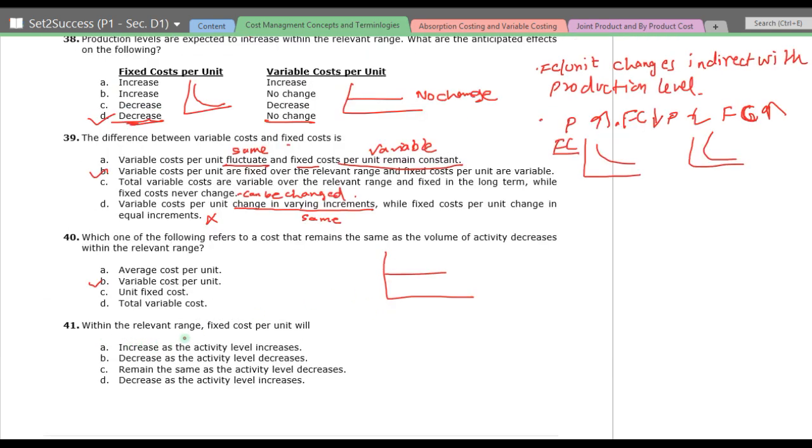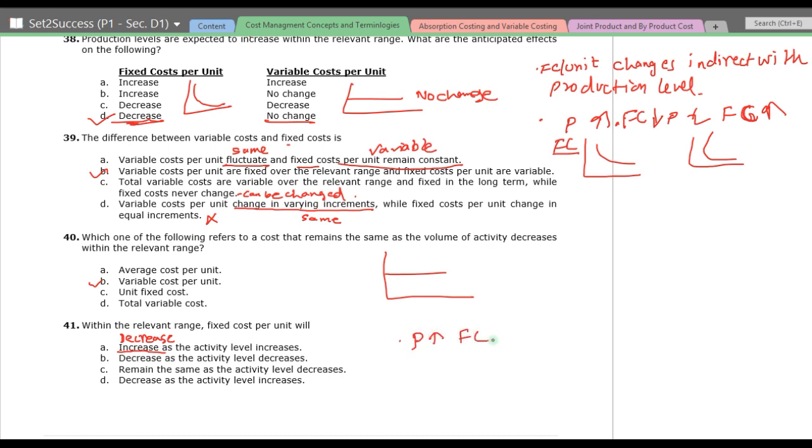Next, within the relevant range, fixed cost per unit will increase as the activity level increases? No, it decreases. It will not increase, it will decrease as the activity level increases. What happens when the production increases?